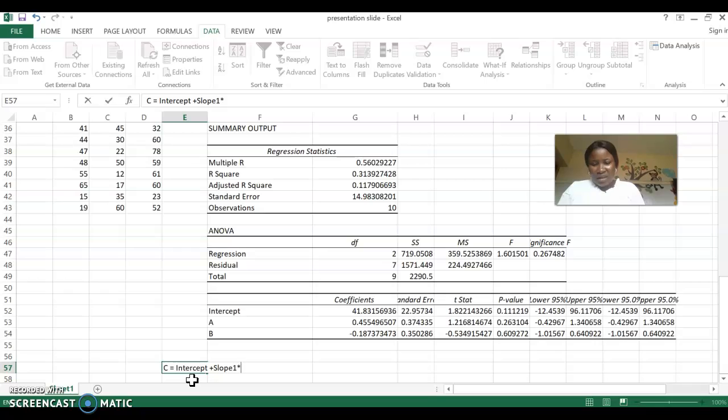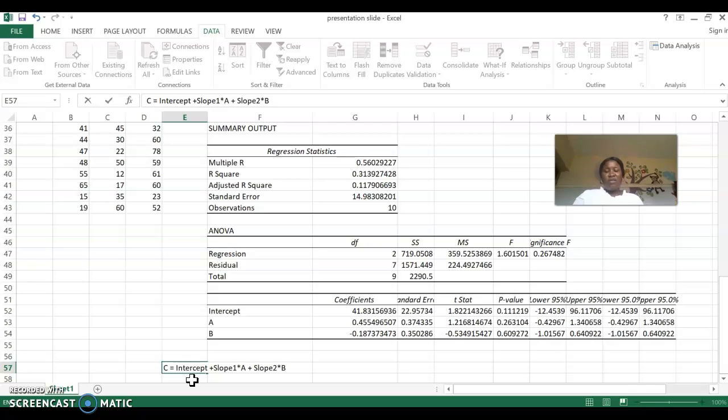Don't forget we're given 22 and 44 respectively. So A is 22, then plus slope 2 times my B value, which will be 44.